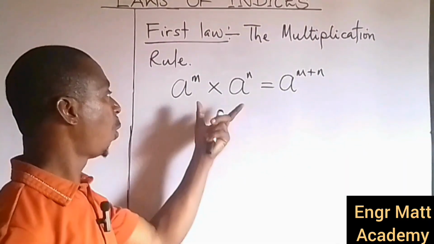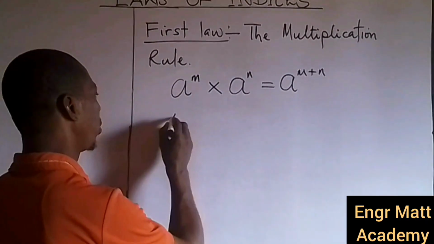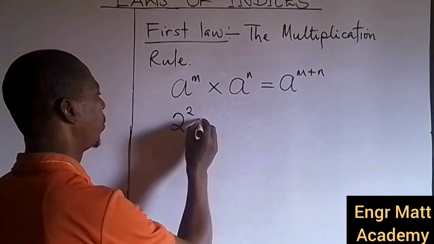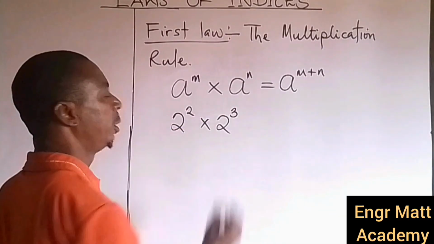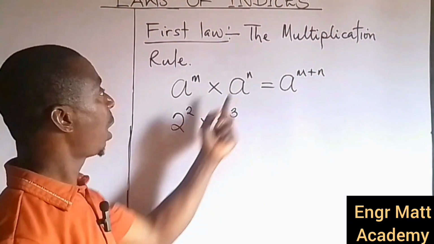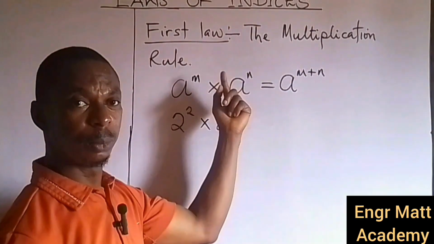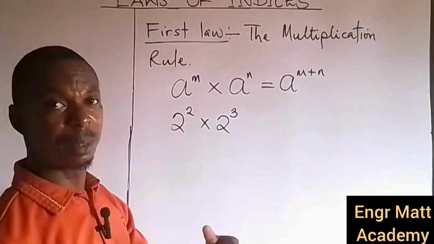Let's apply this law to the previous problem. That is 2 raised to the power 2 times 2 raised to the power 3. So this is a multiplication problem. Can we apply the multiplication rule? Only if the base numbers are the same.